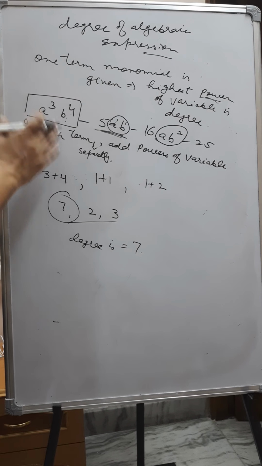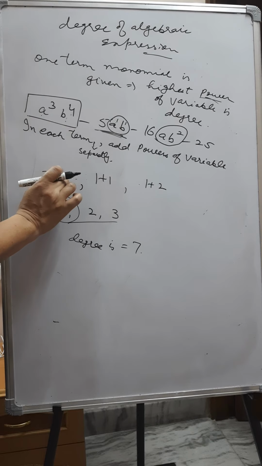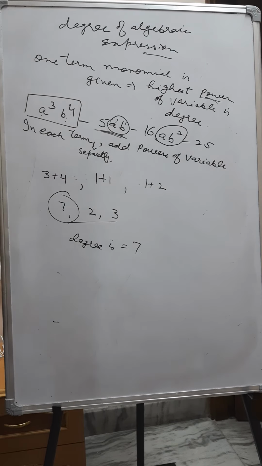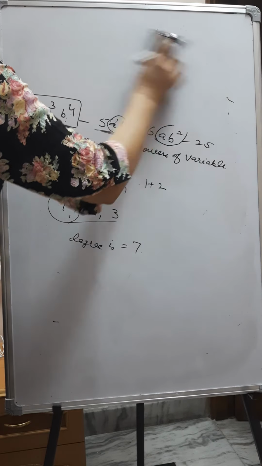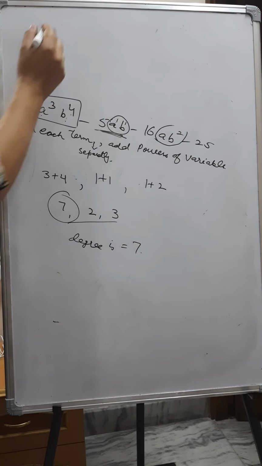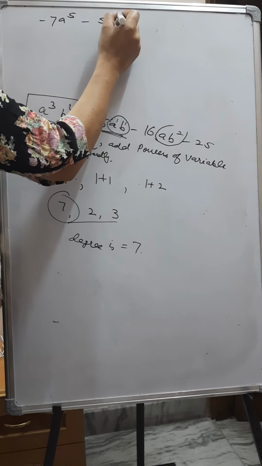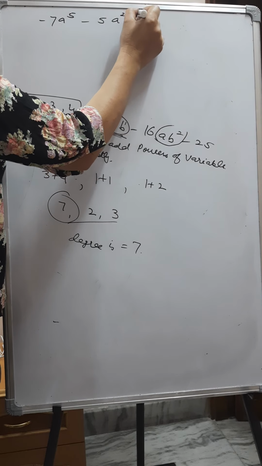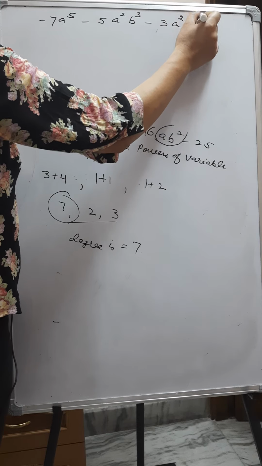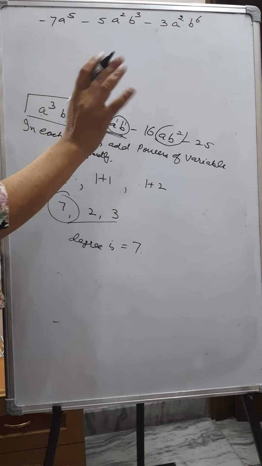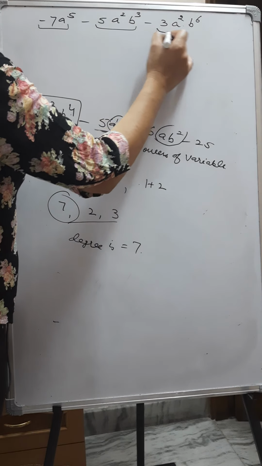Now, how to find the degree? For each individual term, add the powers of the variables. If the question is like this: minus 7a5, 5a2b3, 3a6, 2b6. A trinomial is there, and how will you find the degree? This is the first term, this is the second term, and this is the third term.